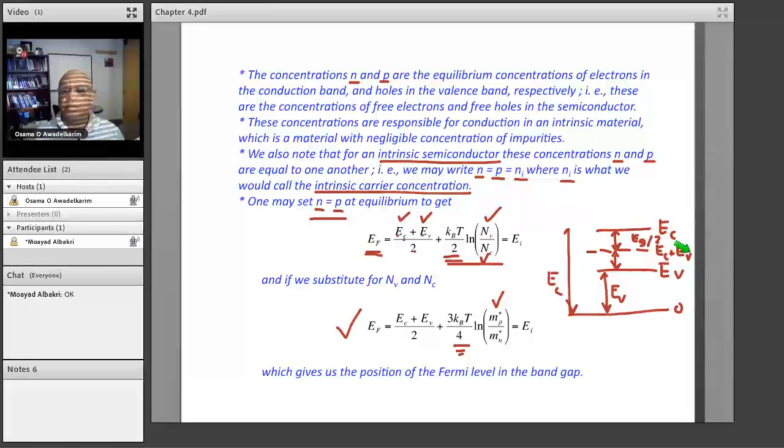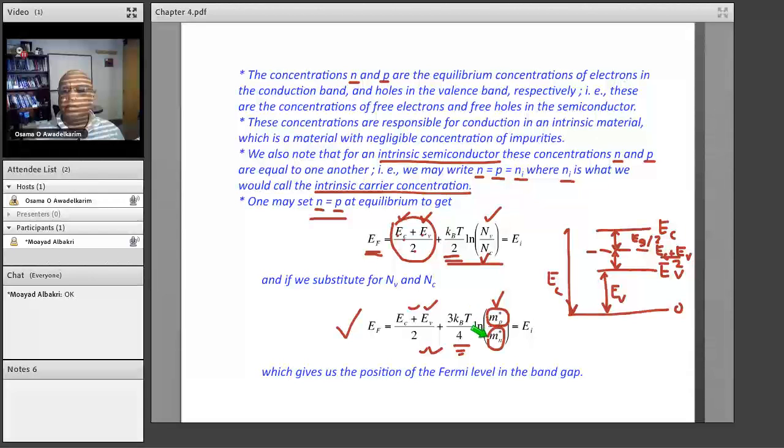So the first term of this equation for the Fermi level is actually the middle of the forbidden gap, plus this term. Now, let's assume that the effective mass of the hole is equal to the effective mass of the electron.